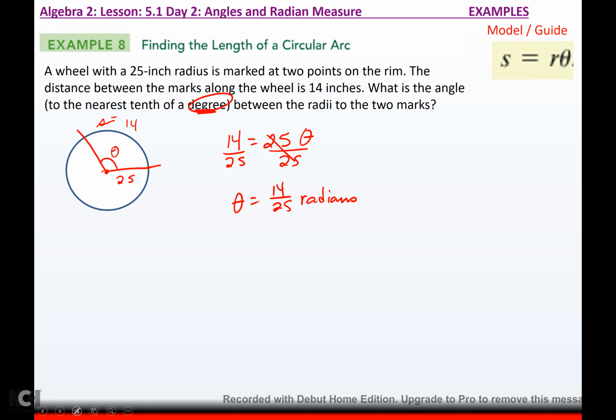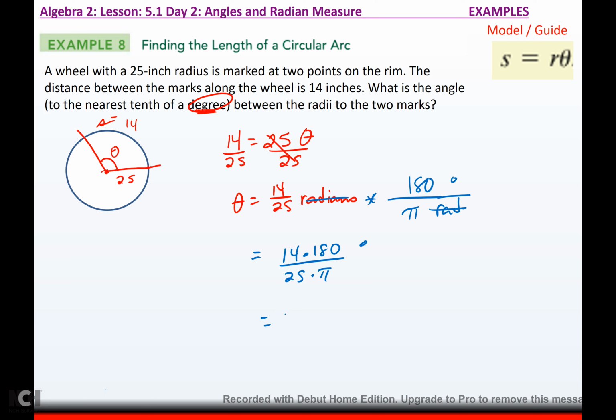If I want to get rid of radians, I put radians on the bottom, degrees on top. There's pi radians in 180 degrees, radians cancel, and I end up with 14 times 180 over 25 times pi degrees.